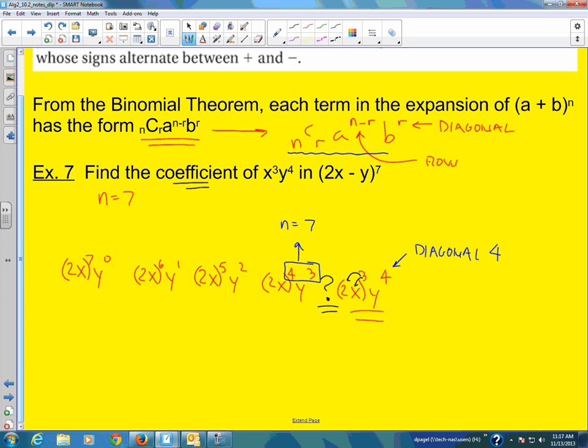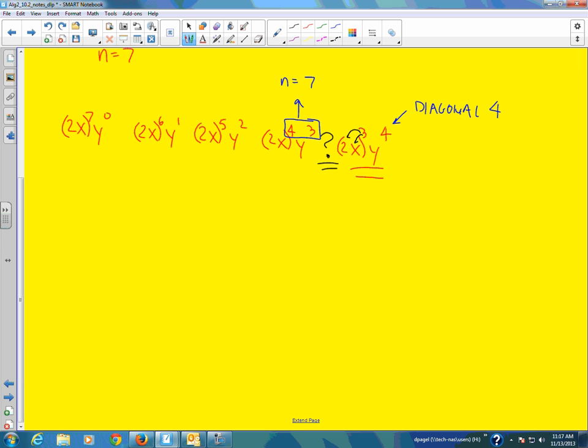Well, I also know, because they told me it's a power of 7, that I'm in row 7. So now what you can do is take care of this, because we're really only focusing on this component here. I know I get 2 to the 3rd, x to the 3rd, y to the 4th, which is really 8x to the 3rd, y to the 4th. And then there's something from Pascal's triangle that's missing right there.